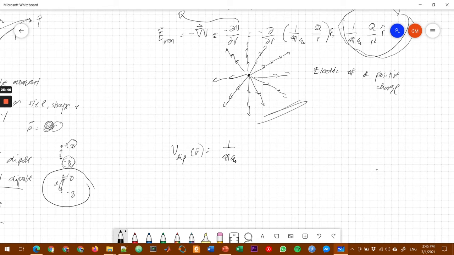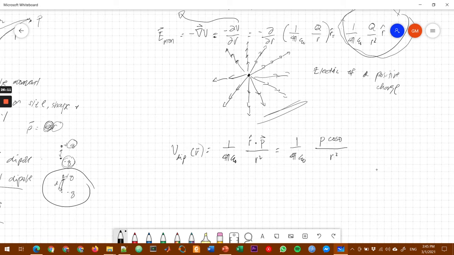So we have r hat dot p over r squared, or this is just 1 over 4 pi epsilon naught p cosine theta over r squared. Okay, so that's your dipole.